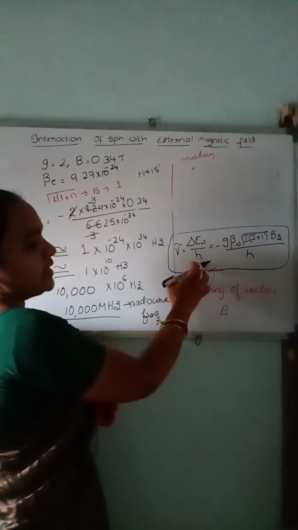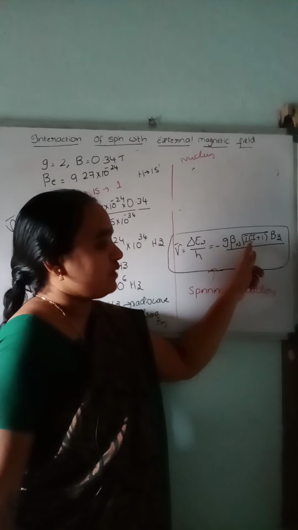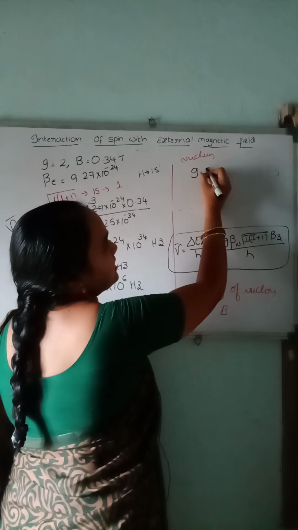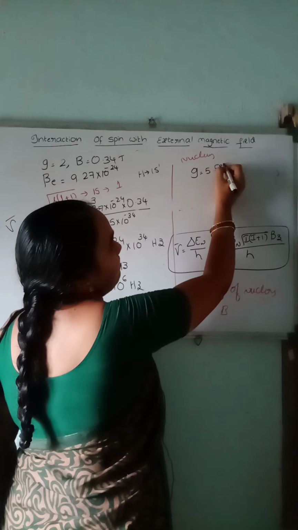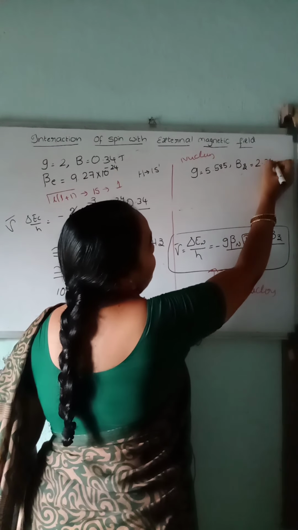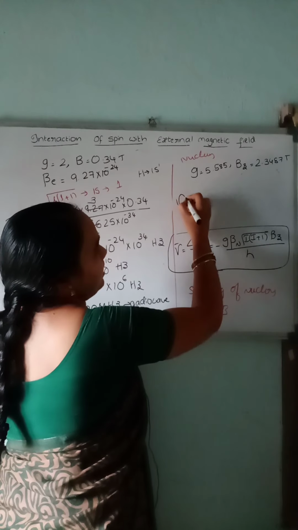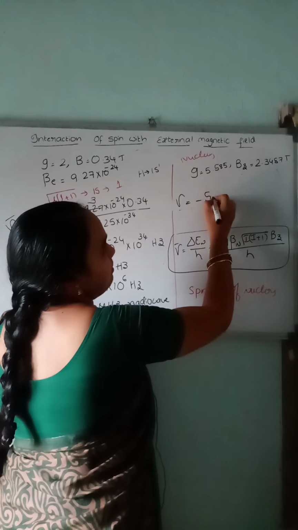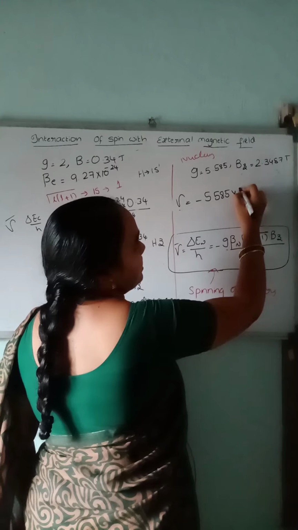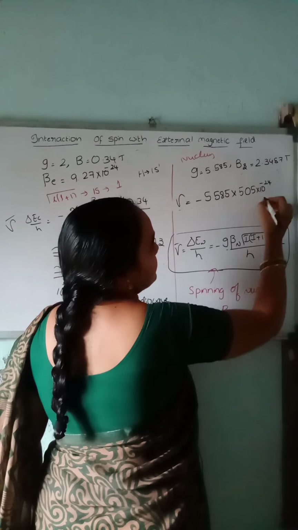Similarly, for the nucleons, delta E by h, that is the frequency, is equal to minus g beta n root of I(I+1) Bz by h. If the Landé splitting factor is 5.585 and the external magnetic field strength is 2.3487 Tesla, then mu becomes minus g value, minus 5.585, and beta n we have already calculated as 5.05 × 10^-24.